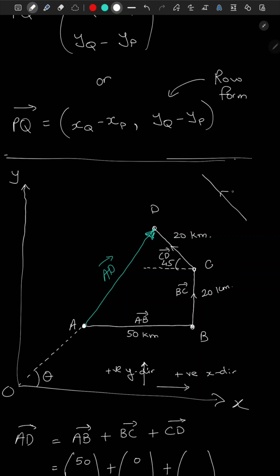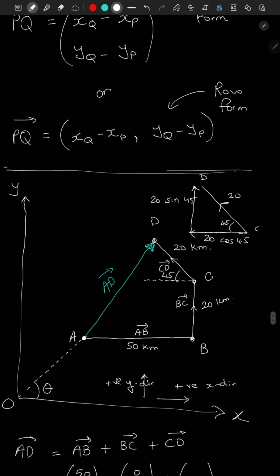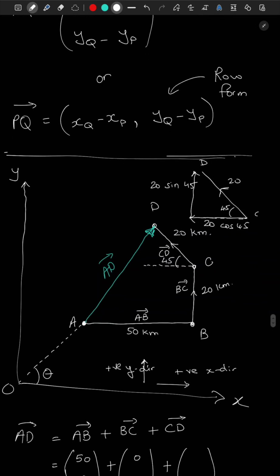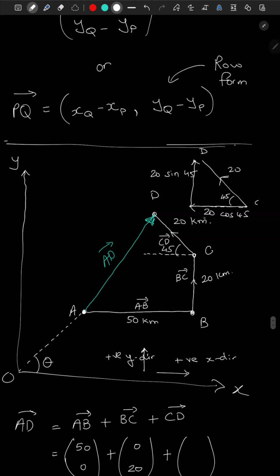This is CD, it is 20, and if this is 45, we have 20 cos of 45 in this direction, and we'll have 20 sine of 45 in the y direction. Now you have moved negative in the x direction, so it should be negative of this number.